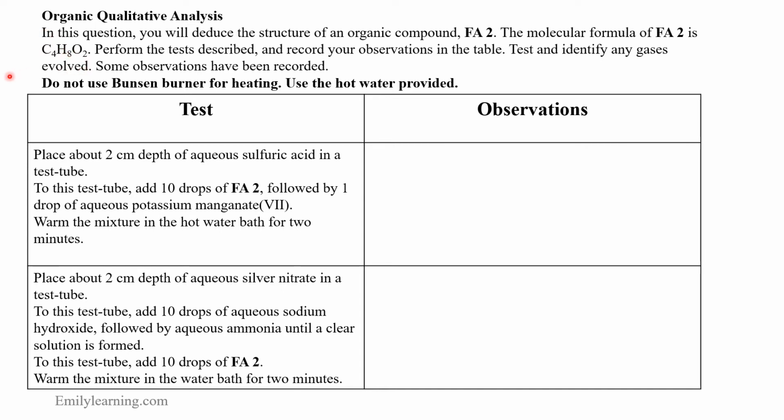So if you have 2 oxygens, before I go on, what are the functional groups that you have learned that have oxygen in them? Well, this would be your alcohol, your carbonyl, that means your ketone and aldehyde, and your carboxylic acid as well as your ester. So these 4 groups.